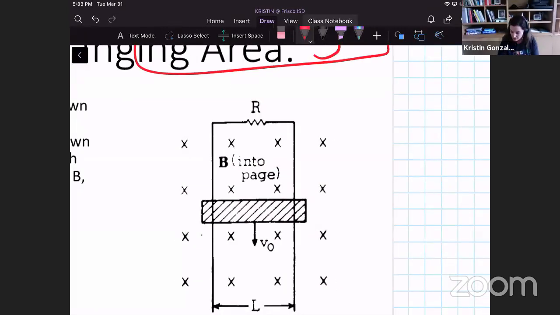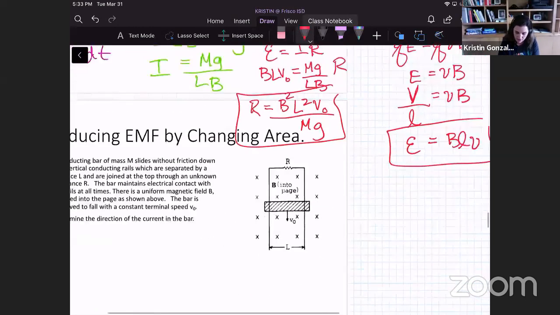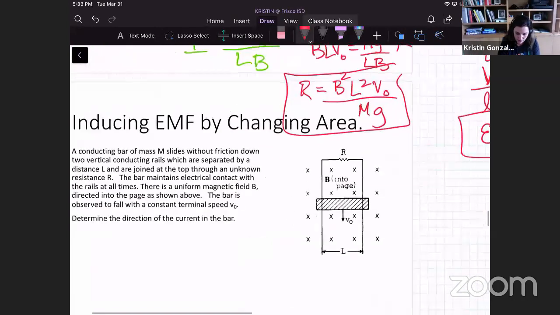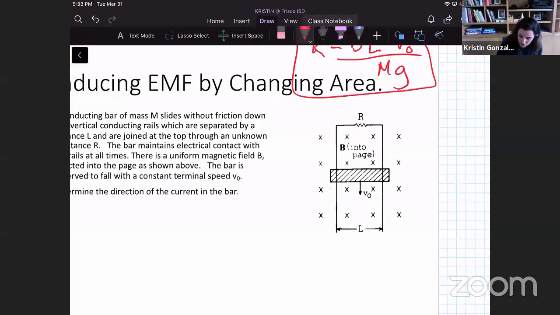Let's also find what the direction of the current must be in that bar. So if we want to find what the direction of the current is in this bar, then we can look at, well, if we are changing that, how can we find what that direction is?